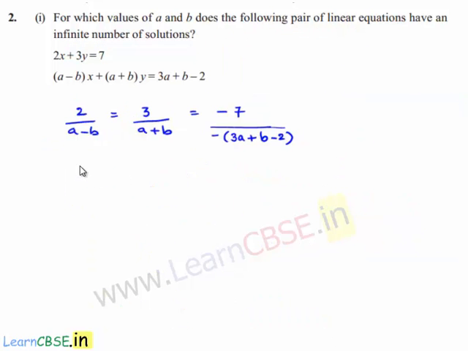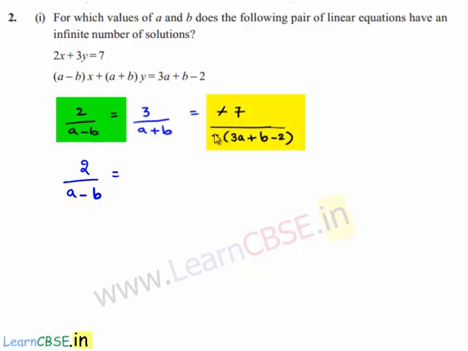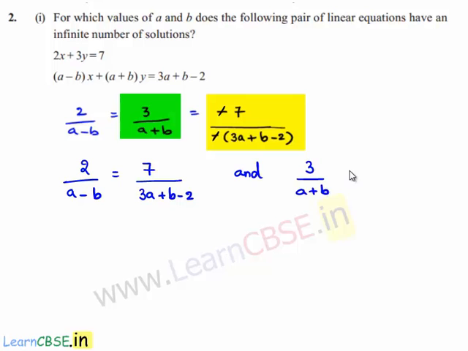Now we can write 2 by a minus b is equal to, here minus and minus will be cancelled, 7 by 3a plus b minus 2, and 3 by a plus b is equal to 7 by 3a plus b minus 2.